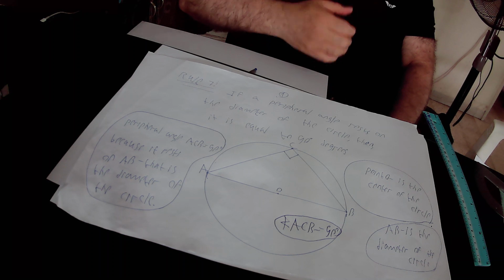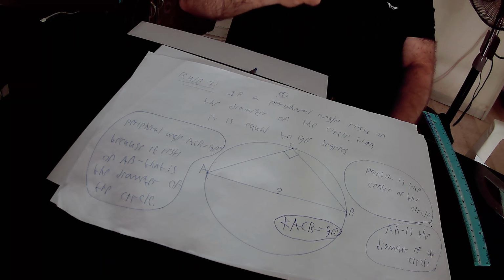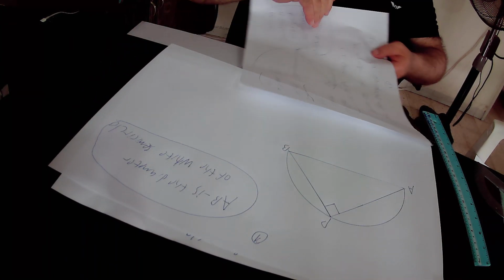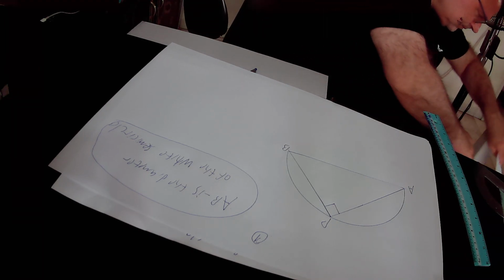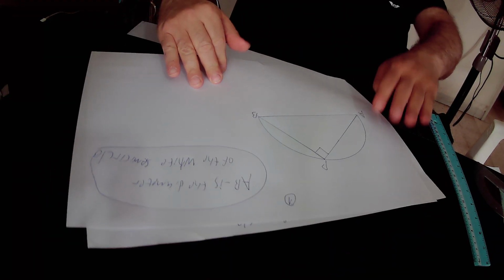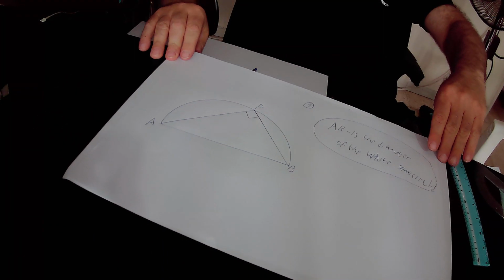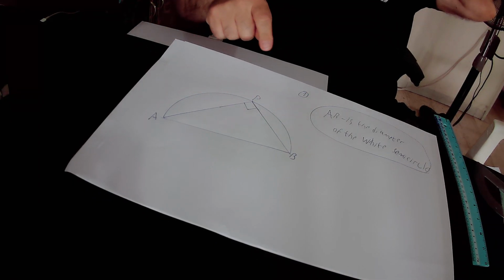So whenever we have a peripheral angle that is subtended on the diameter of the circle, it must be equal to 90 degrees in its size. So we can actually implement rule 7 in our drawing. Why? Because in our drawing we have peripheral angle APB that is subtended on AB, that is the diameter of this semicircle.